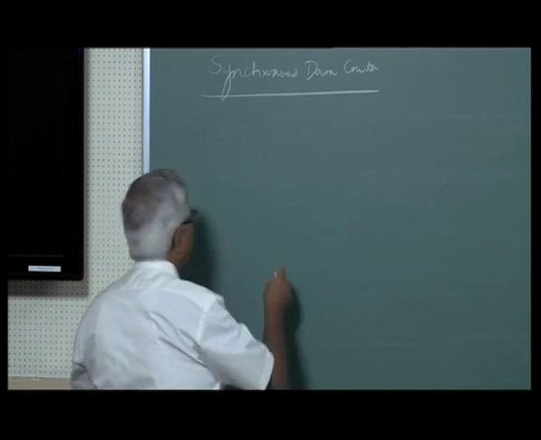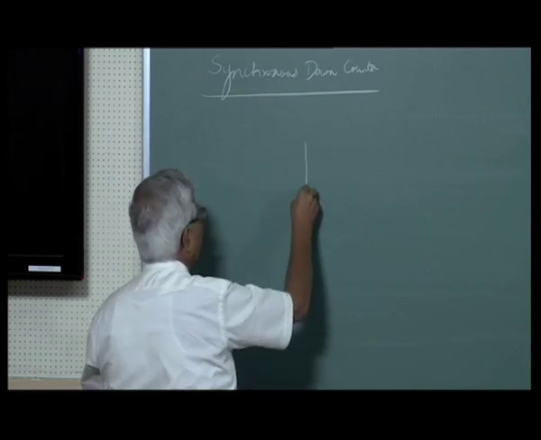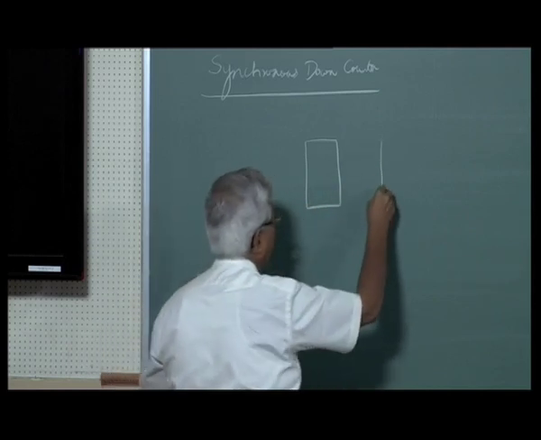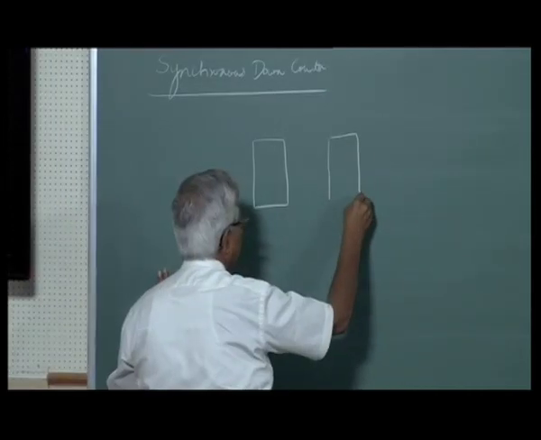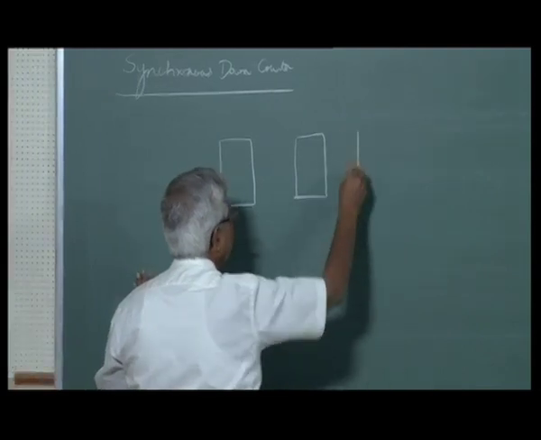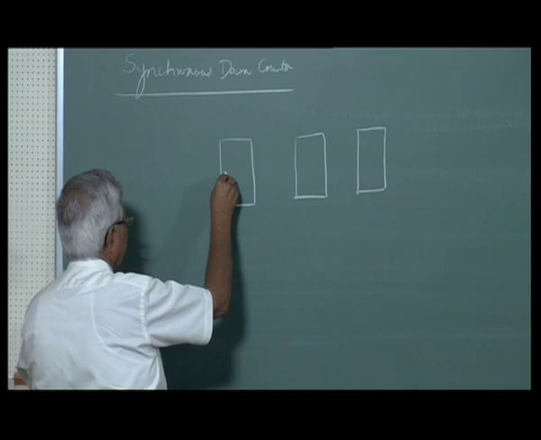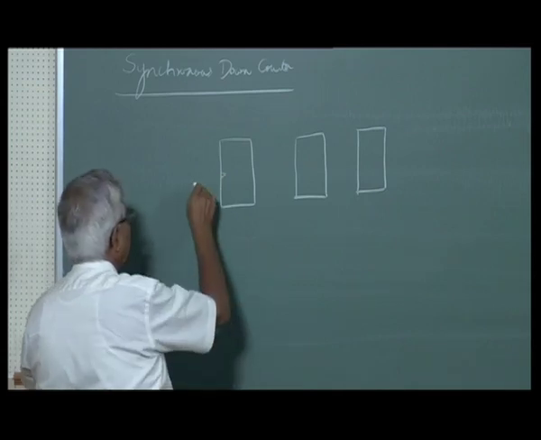So, let us say we have 3 bits again, 3 flip flops. By definition, in a synchronous counter, all the flip flops will get the clock at the same time.